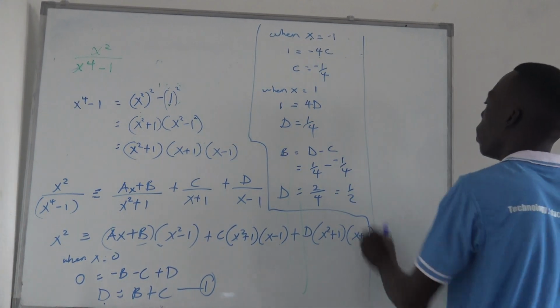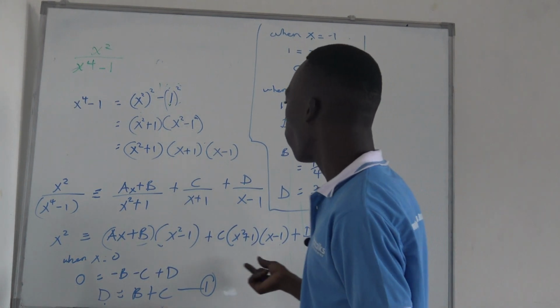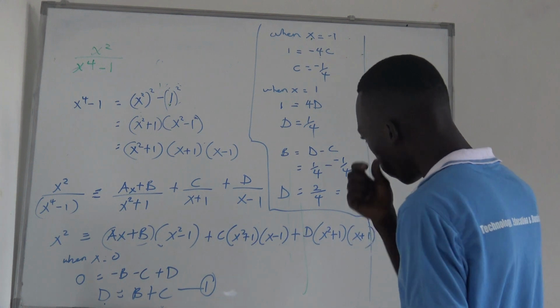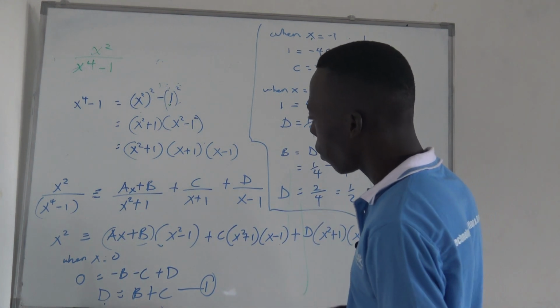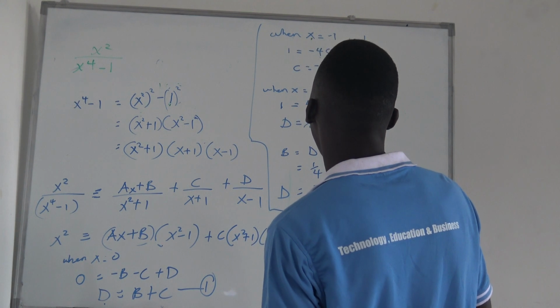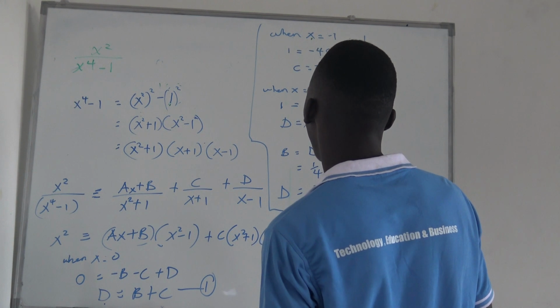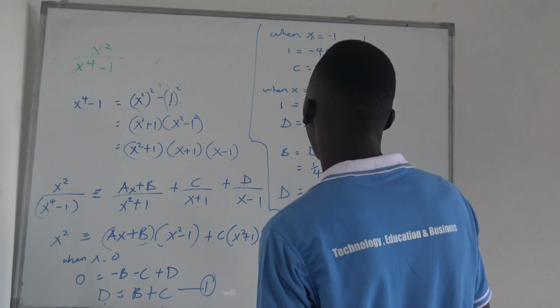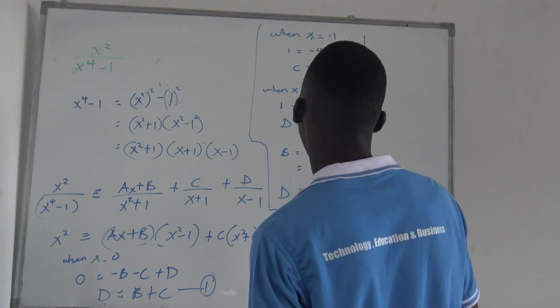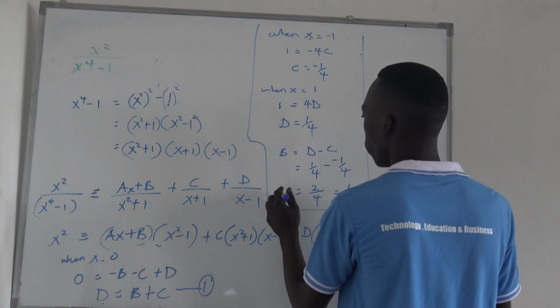So after getting the b, we are remaining with getting a. So we have to get a. This one is b.